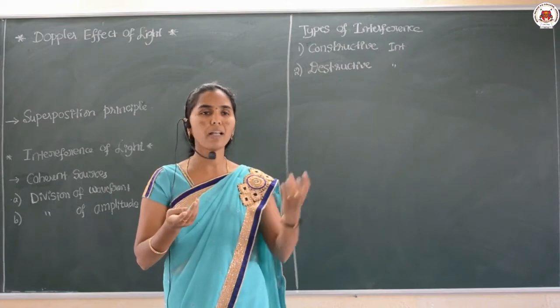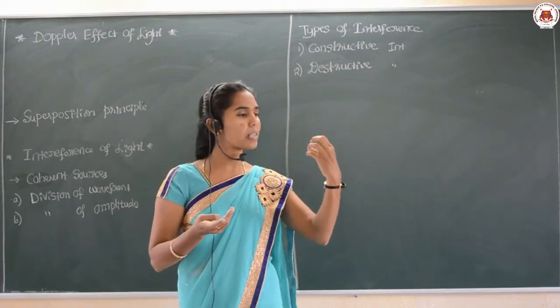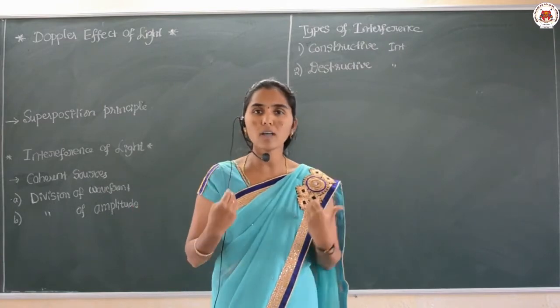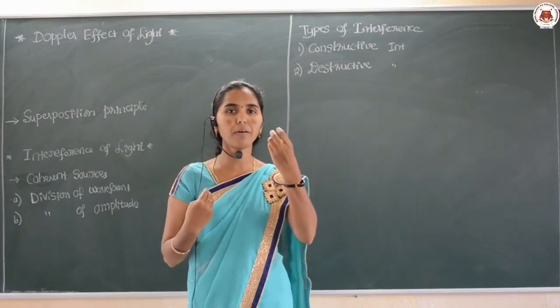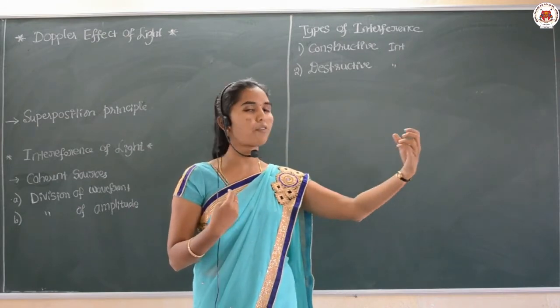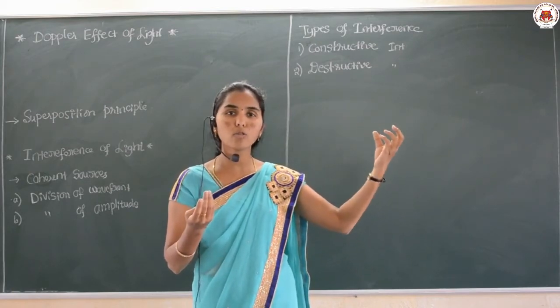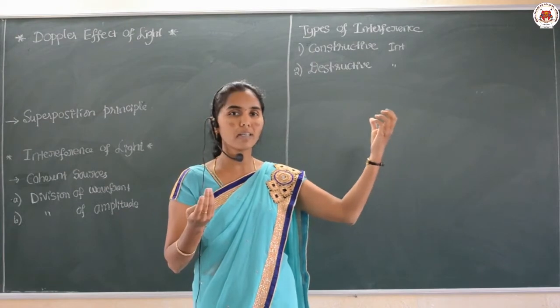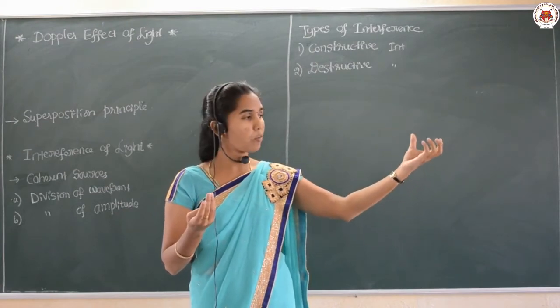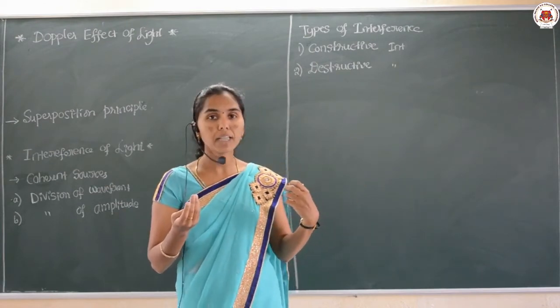For example, if a bulb is taken away from me, the bulb is a source of the light, the wavefronts are coming from the bulb and reaching me, isn't it?